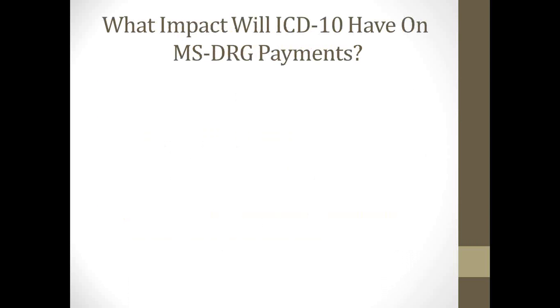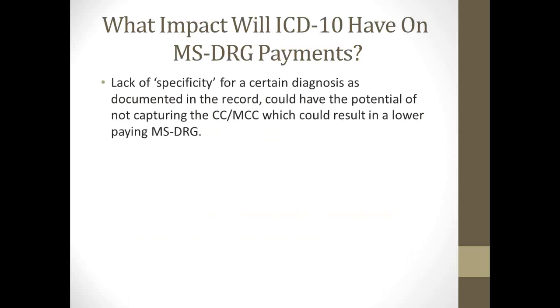So what's going to have an impact on your MS-DRG payments? Well, the lack of specificity for certain diagnoses documented in the record could have the potential of not capturing the CC/MCC, which will result in a lower paying MS-DRG. Well, it could, most likely it will. MS-DRG shifts could also occur due to improper training of the coding staff.